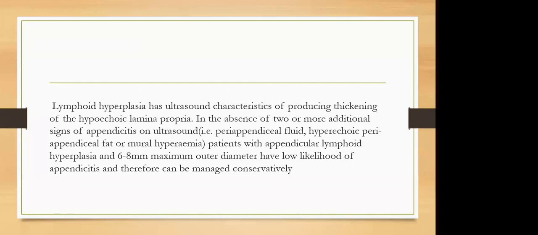If all those are normal, in most of the cases, a lot of people find it difficult to differentiate between lymphoid hyperplasia and acute appendicitis because they just saw the measurement is more than 6 millimeters, acute appendicitis. When the patient goes to theater, they take out the appendix, send it to the lab, and the histology result says it was lymphoid hyperplasia, not acute appendicitis.